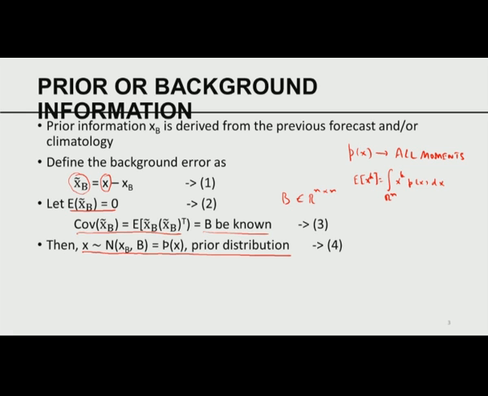I can also consider central moments, or centered moments: the expected value of (x minus E[x]) to the power k, P(x) dx. I can compute this for every k. So given P, I can compute all moments. Now let's consider the converse.